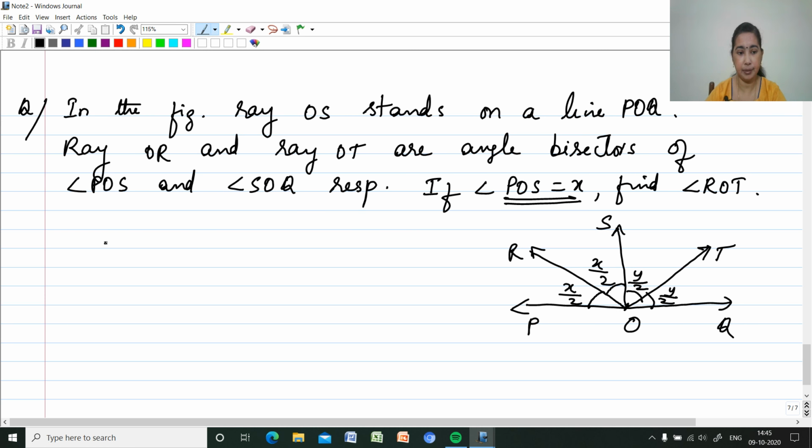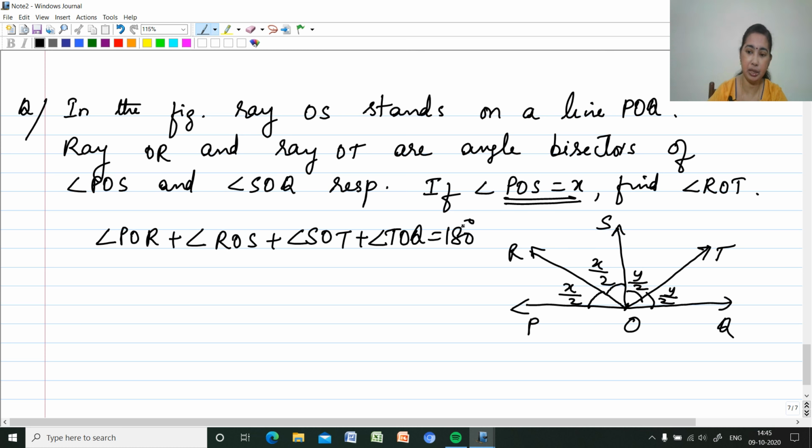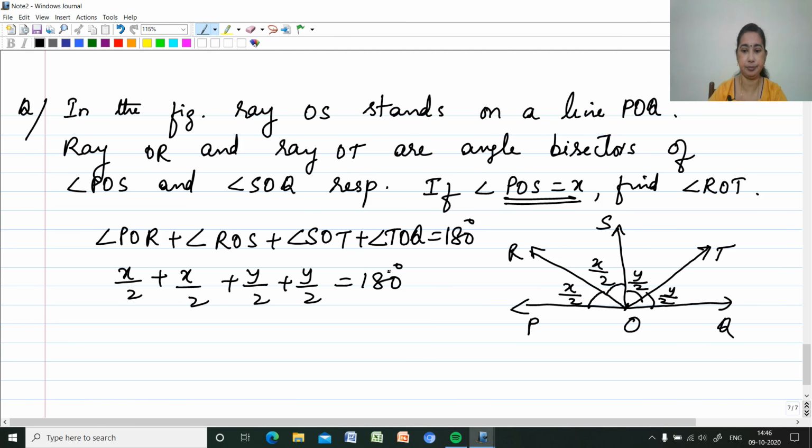Therefore angle POR plus angle ROS plus angle SOT plus angle TOQ equals 180 degrees, because linear pair is coming on a straight line. That means x by 2 plus x by 2 plus y by 2 plus y by 2 is equal to 180 degrees.